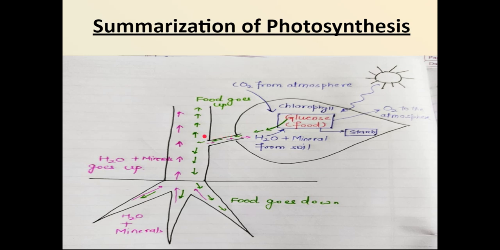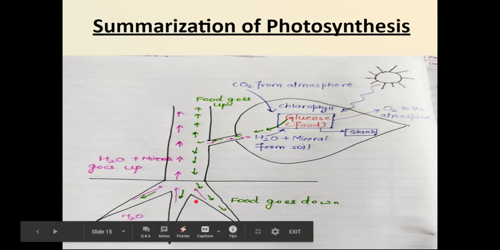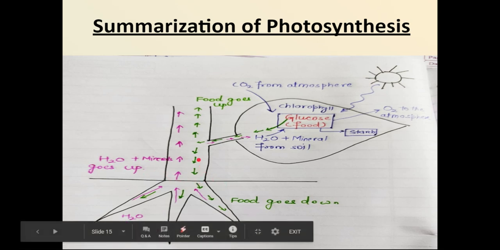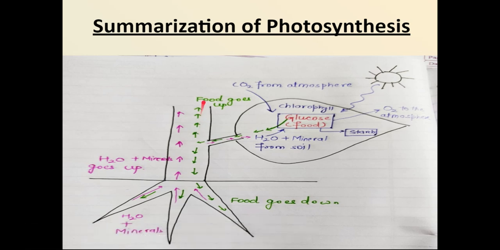However, the molecule of glucose can move in upward and downward direction both, but the movement of water will always be in one direction. So movement of water is referred to as unidirectional, and movement of food substances, that is glucose, will be bidirectional, that is upward direction and downward direction.